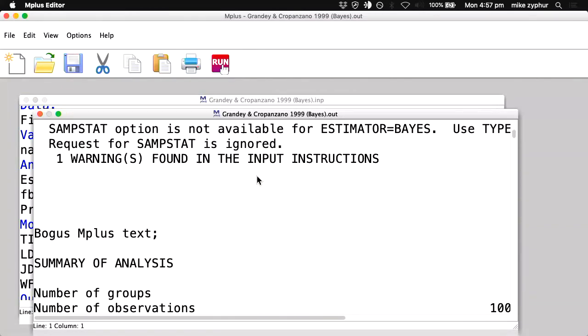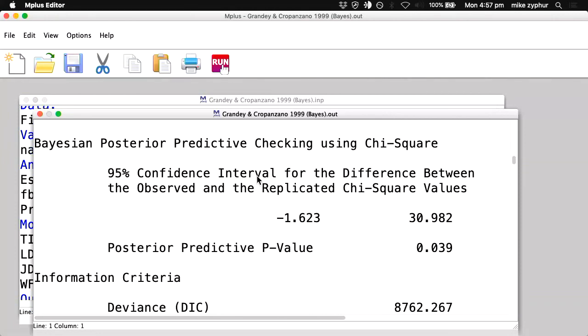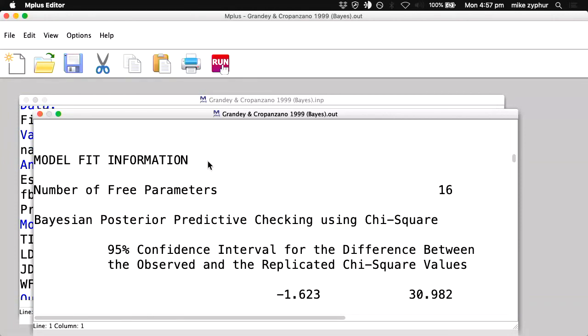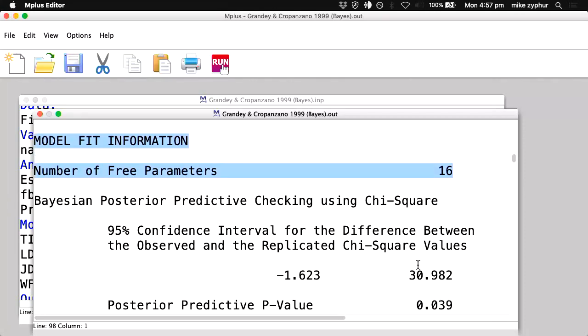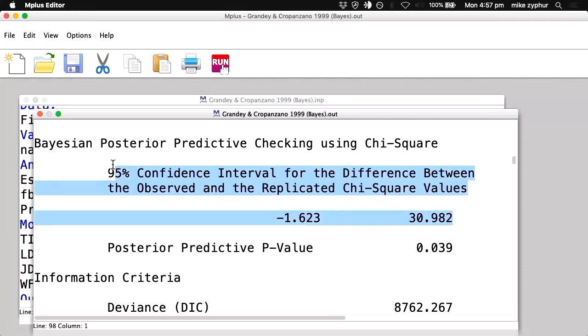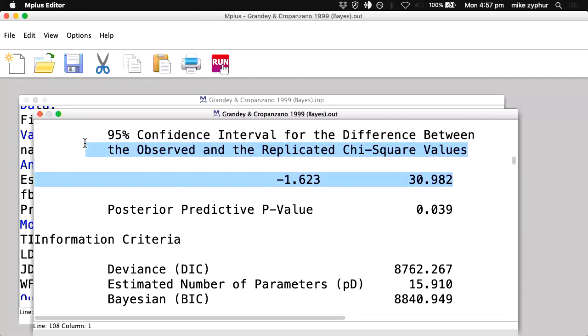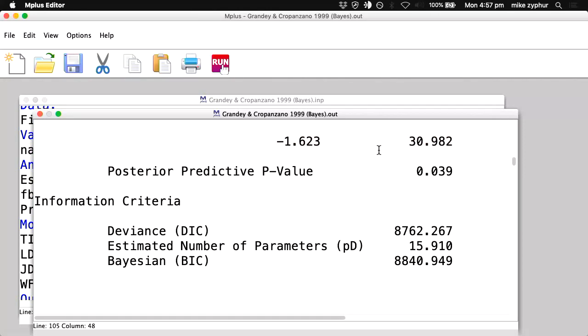And then if we scroll down, oh, here we go. Model fit. Same number of free parameters, because it's the same exact model, just a different estimator. Now we've got these things, Bayesian posterior predictive checking using a chi-square, and then it tells you what that is. Basically, you want that to include 0, and I'll say why in a second.